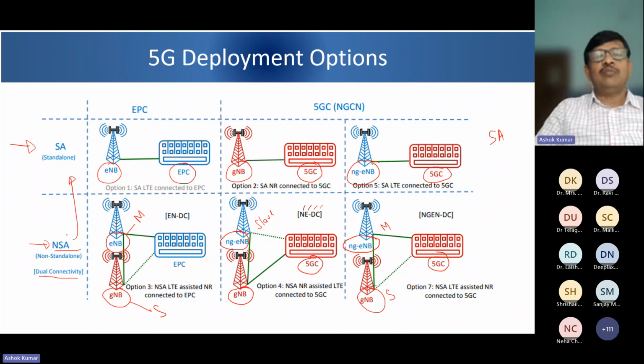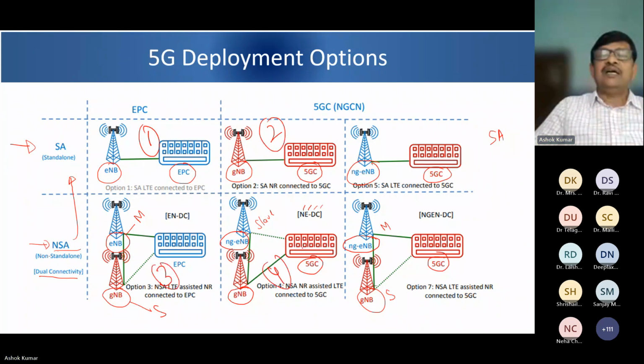If you want to remember this diagram, this is option 1, option 2, then below come option 3, option 4, and then you have option 5 and option 7. So 1, 2, 3, 4, 5, 7. Option 6 is not there.